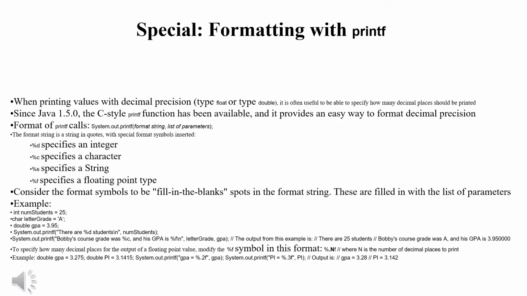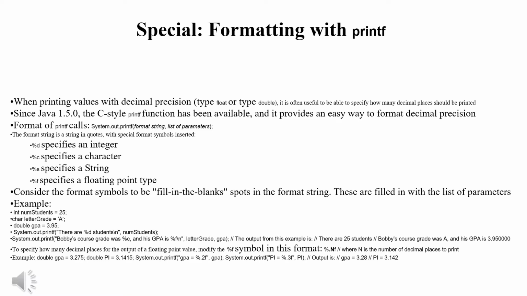So I can print just two values after the floating point for GPA, or three numbers after the floating point in pi, right? But how? By specifying that number between f and percent.